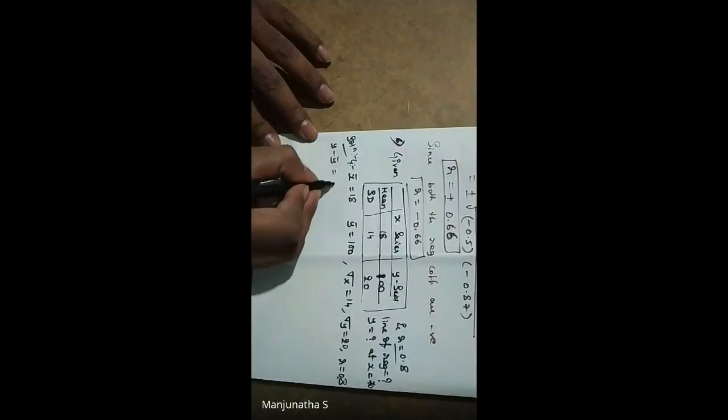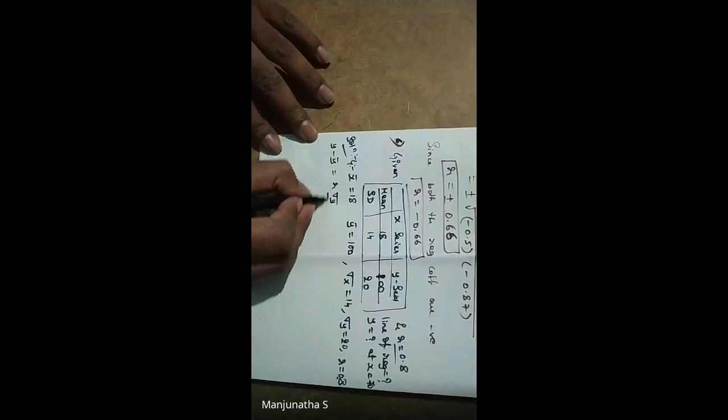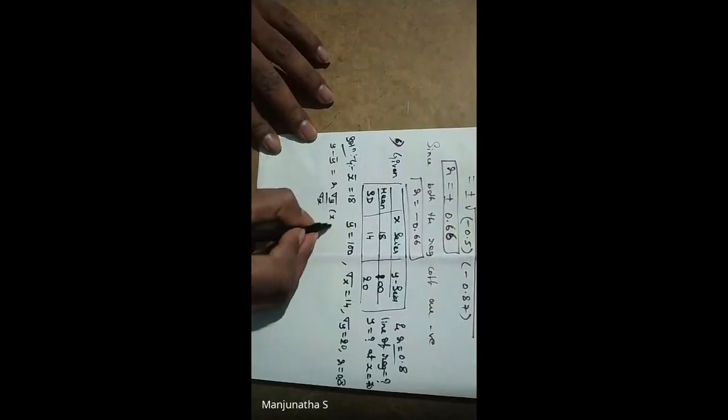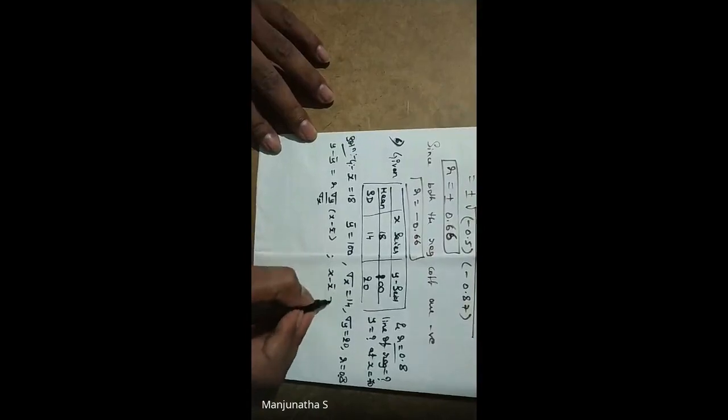Line of regression. You already know the formula. Y minus Y bar is equal to R into sigma Y divided by sigma X into X minus X bar. Similarly, X minus X bar is equal to R into sigma X divided by sigma Y into Y minus Y bar.